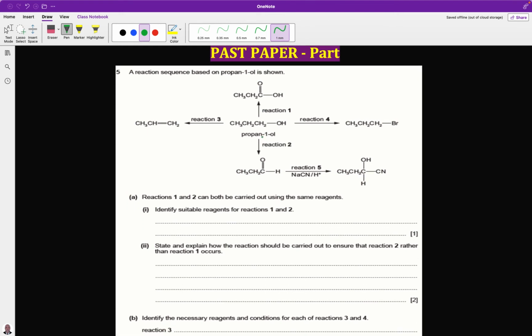We have propan-1-ol. In reaction 1, propan-1-ol is oxidized directly to carboxylic acid. In reaction 4, propan-1-ol gives a halogenoalkane, that is, it gives bromopropane.